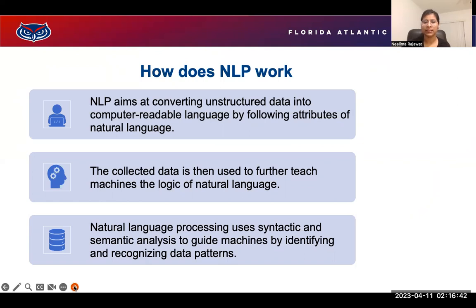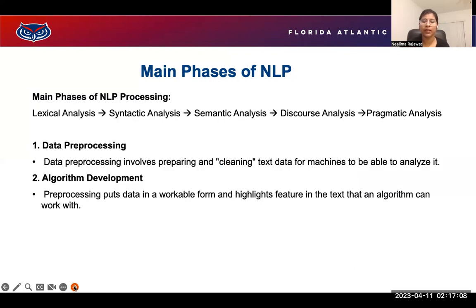Later, this collected data is used for teaching machines the logic of natural language. Natural language processing uses syntax and semantic analysis to guide machines by identifying and recognizing data patterns. That's how it works, and there are multiple phases of processing the data.